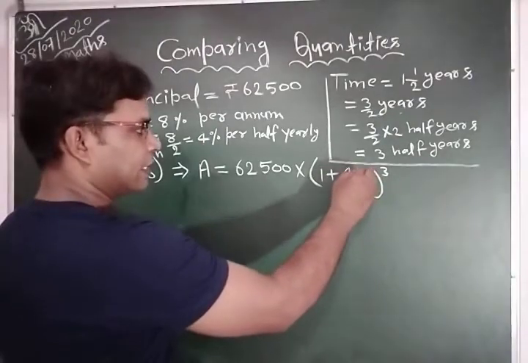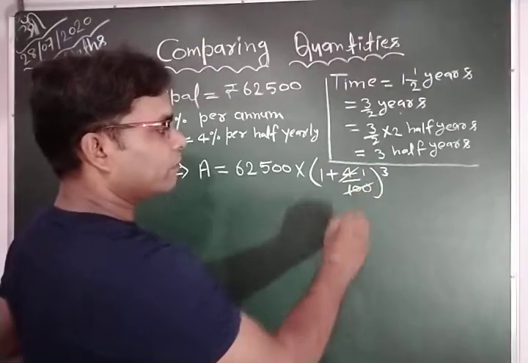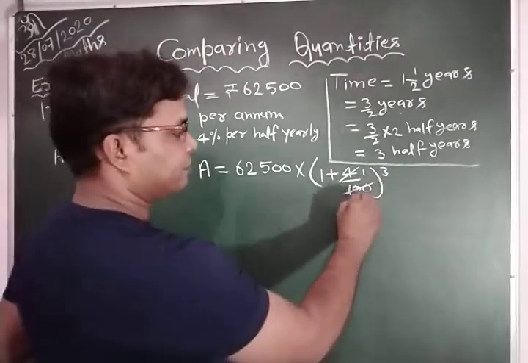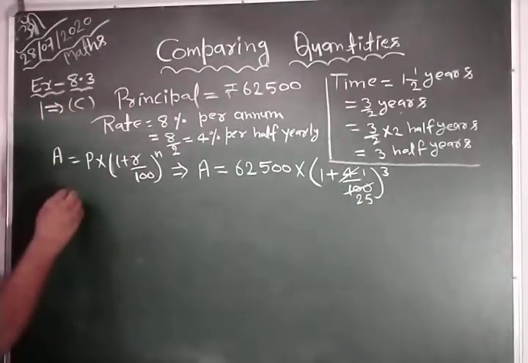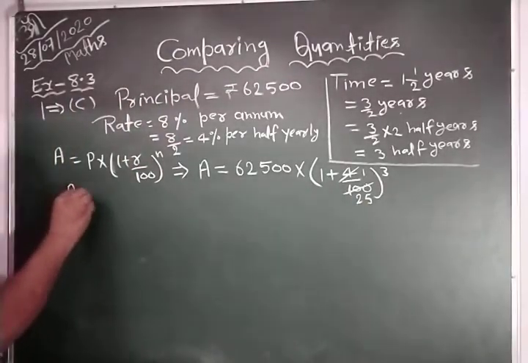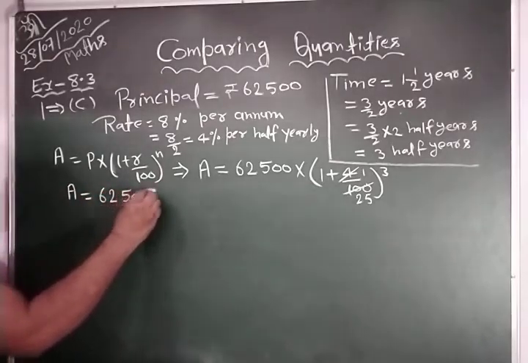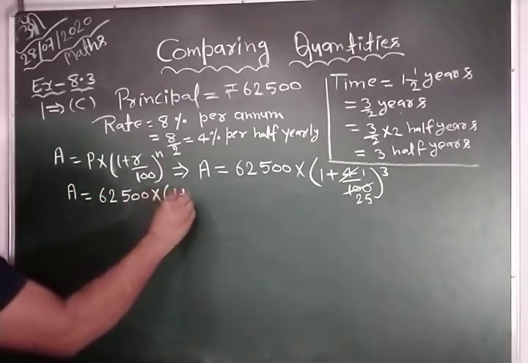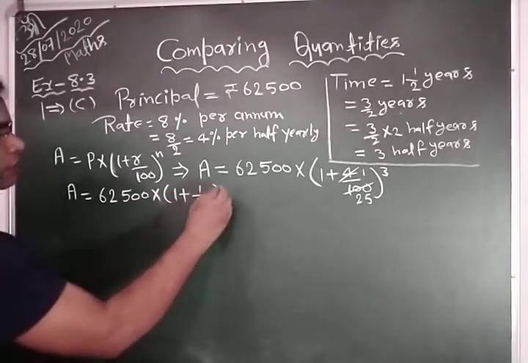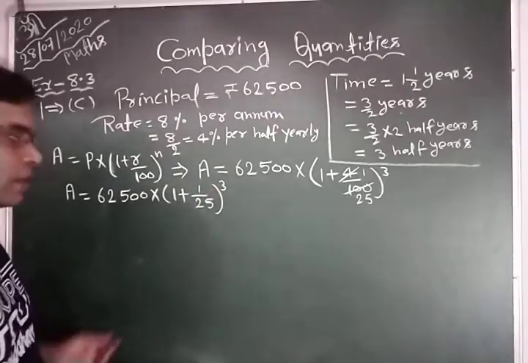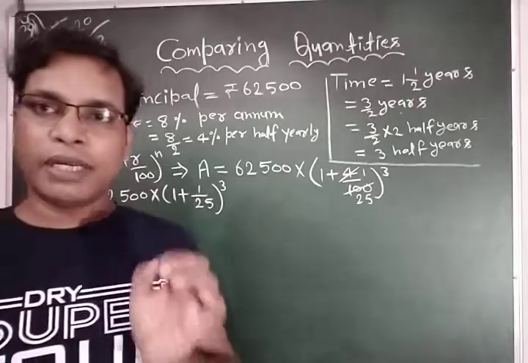We can solve it like this: 4 ones are 4, and 4 twenty-fives are 100. So amount is equal to 62,500 into (1 plus 1 by 25) to the power 3. 1 plus 1 by 25 we can write as 26 by 25.